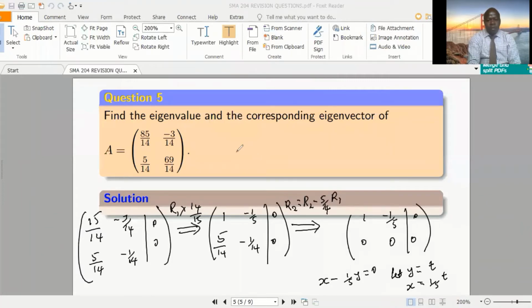So the eigenvector will be in the form (1 out of 5 t, t), since y is t. Or if you want, you can write it as 1 out of 5, 1 followed by t.